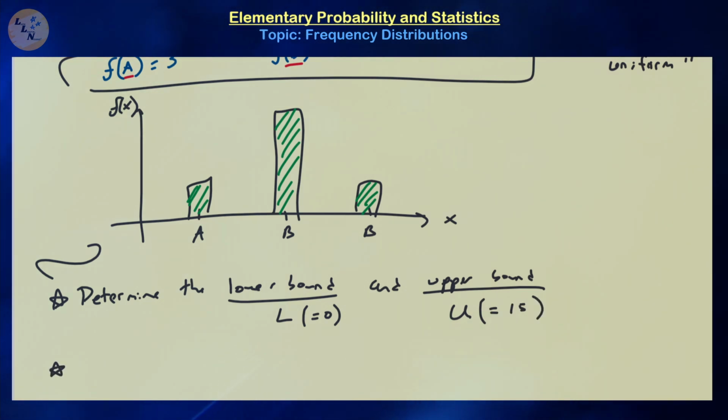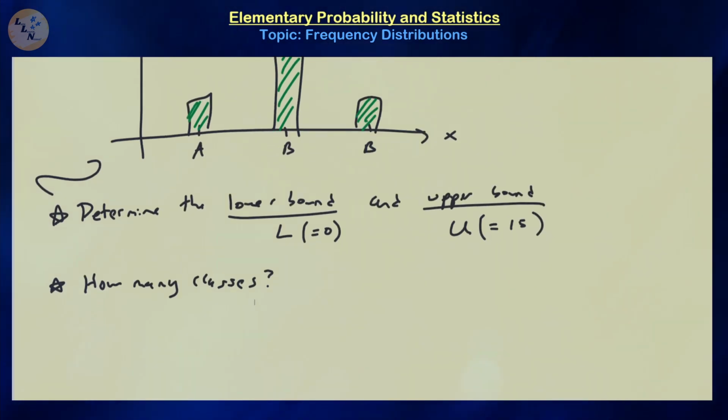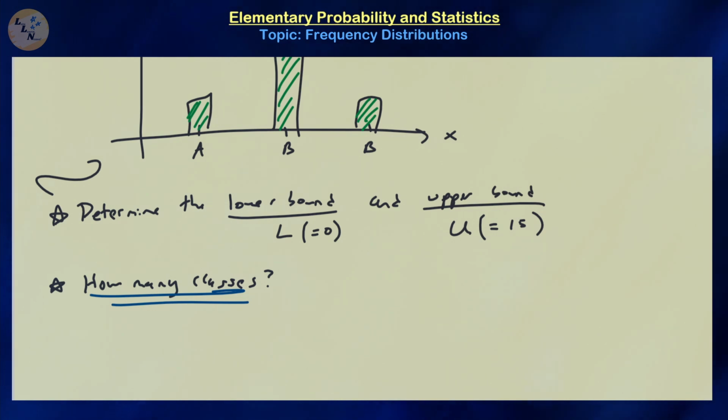And then you need to say, okay, how many classes do you want to break up your data set into? This is a very, very sensitive question, because how many classes you decide to partition your data set into can give you very different graphs. For example, I chose 3 for this particular frequency distribution.